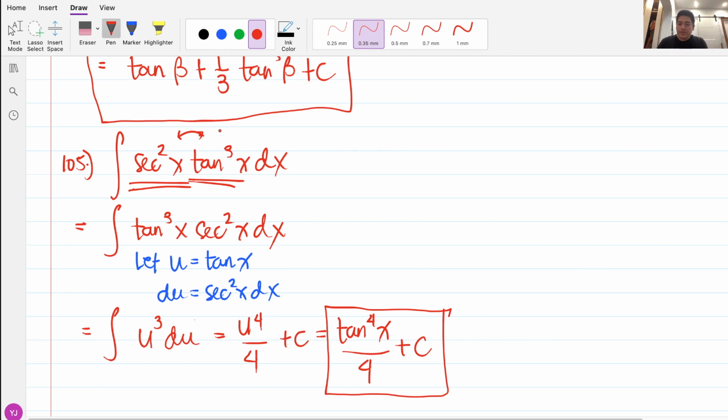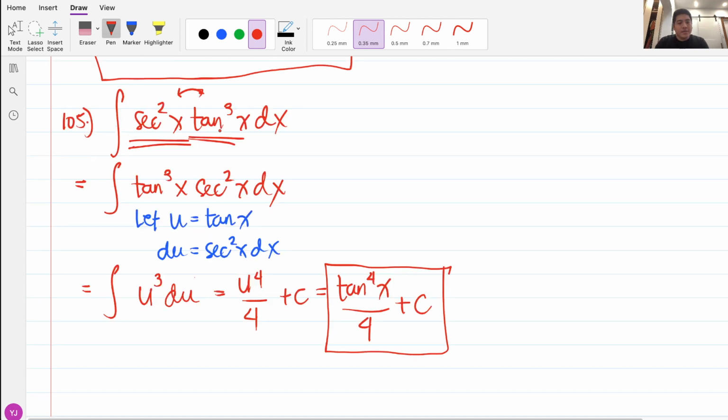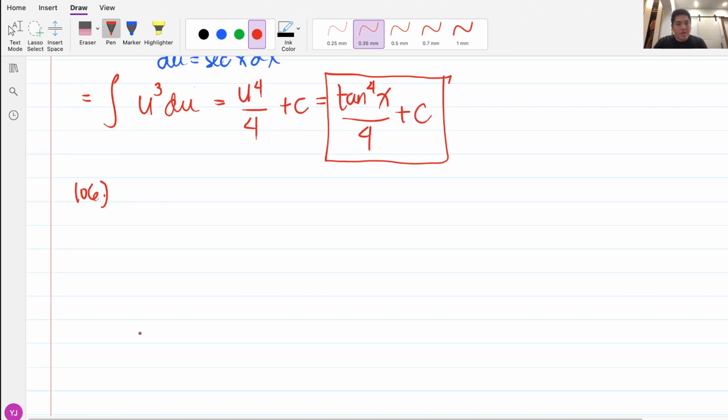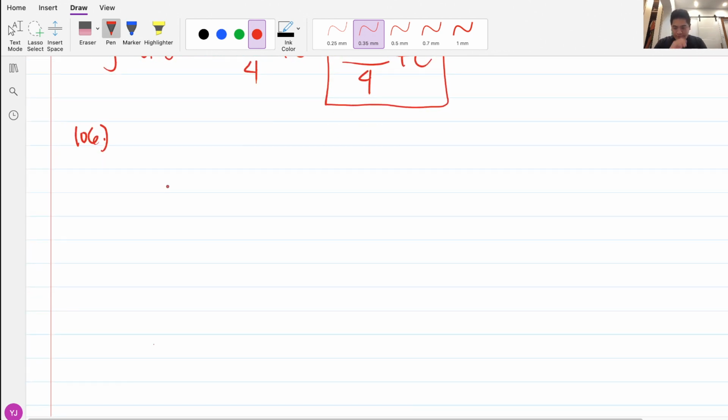So for problem number 106, let's try. That's the problem. We have the integral of cotangent to the fourth of y dy. The very first thing that we're going to do here again is take advantage of identities.